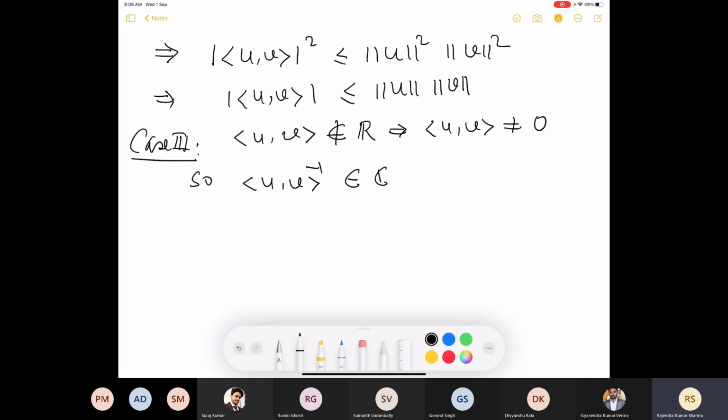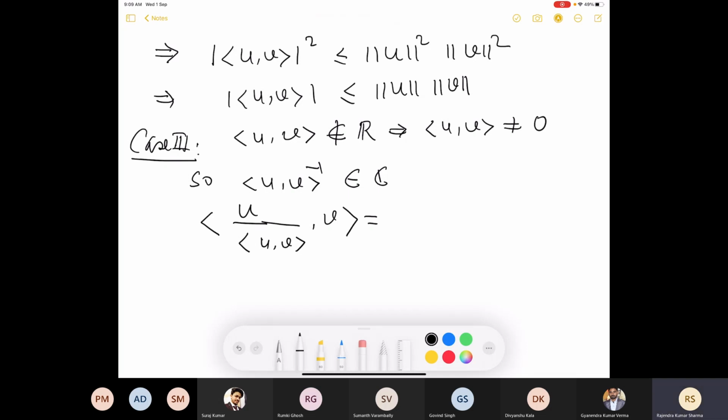So what you can do now is take the inner product of u by this inverse. So this is (u, v) over... now this is a scalar, so this is 1 by this scalar.